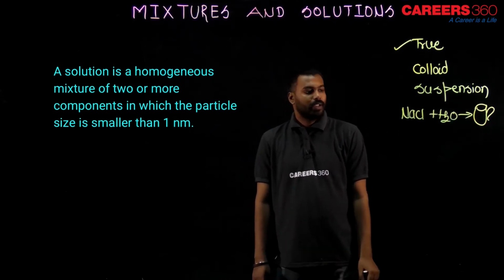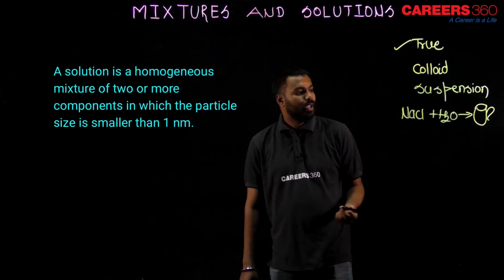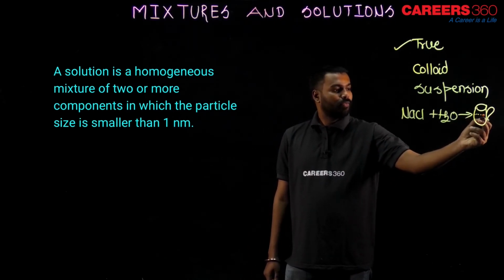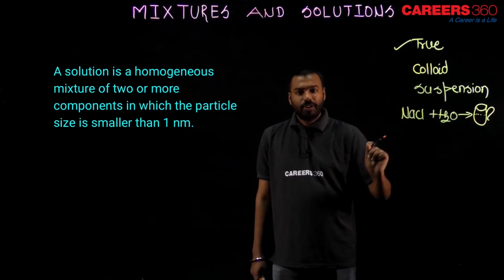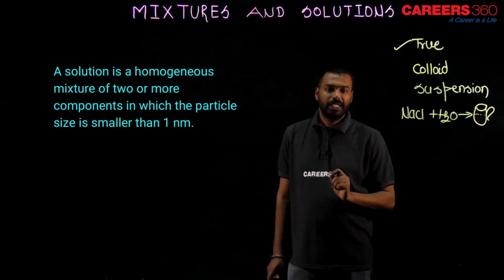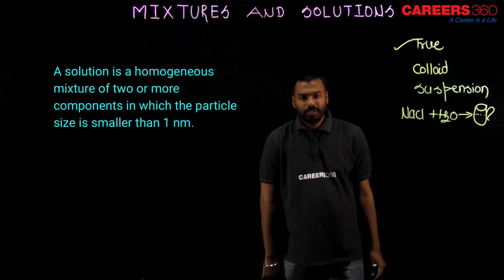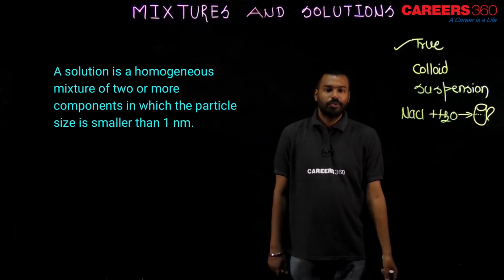What do you find? You find that you got one solution which is a salty solution, and from each and every corner of the cup you find the same amount of salty taste. It means it is a homogeneous mixture. So, solution is a homogeneous mixture of two or more than two components.